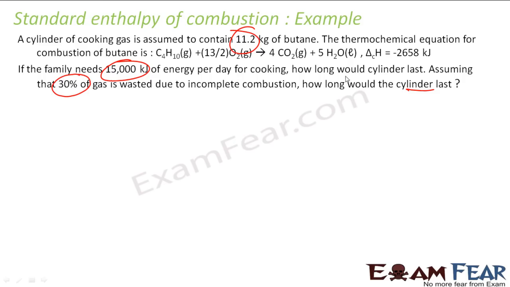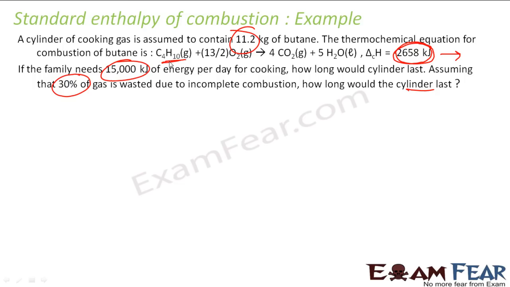In both cases, we have to find how long the cylinder will last. So we have 11.2 kg of butane. With this thermochemical equation, we can find the energy released by 1 mole of butane.